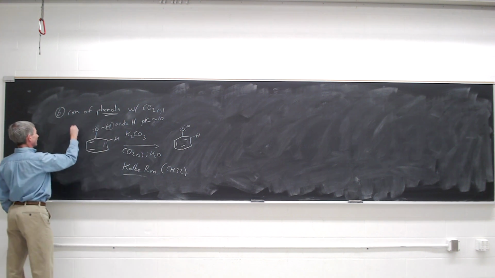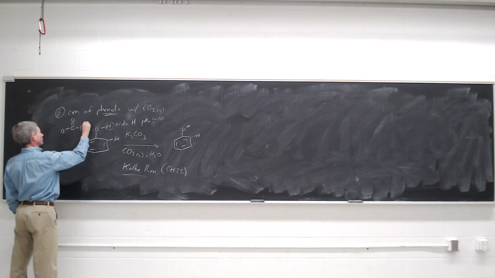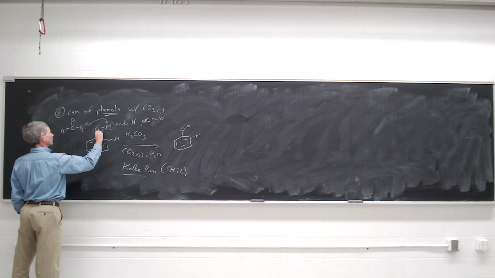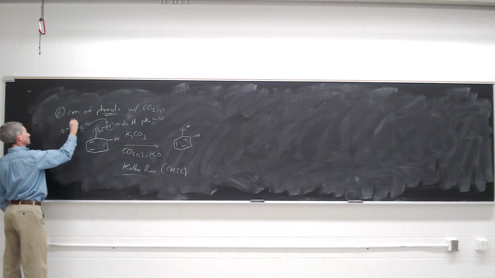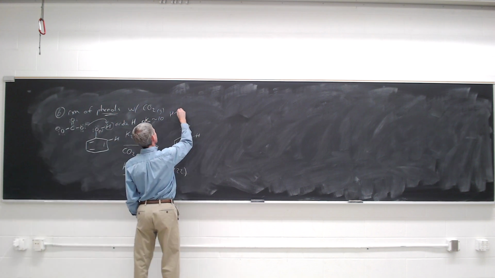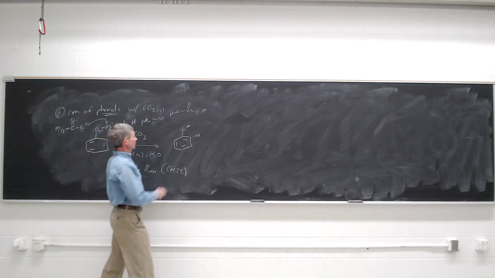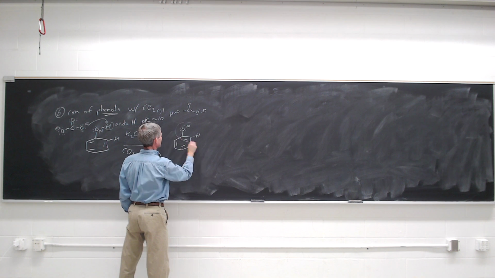So carbonate ion is a strong enough base to take that proton off, generating the bicarbonate ion as a byproduct. And this you'll recognize as an enolate ion.